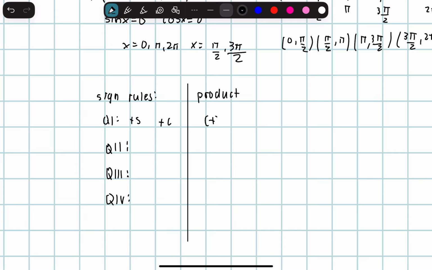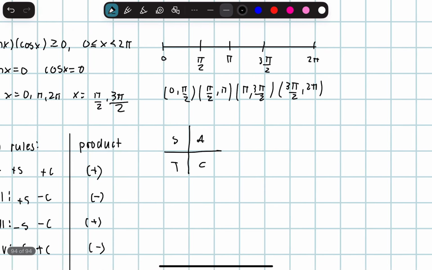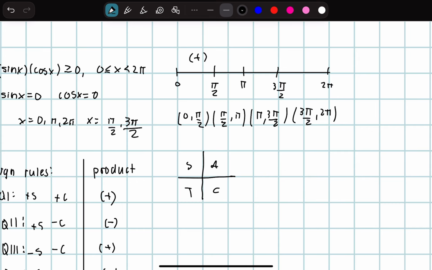Okay, so now instead of computing values, we can use the sign rules for sine and cosine. So we know that in Q1 we have positive sine and positive cosine. Therefore, the product, you can actually set this up as a neat table: Q2, Q3, and Q4. So the product would be positive. Then in Q2 we have positive sine and negative cosine, in Q3 negative sine and negative cosine, and in Q4 negative sine and positive cosine. The product is going to be negative, positive, and negative based on the positivity. And now we have this as our intervals: positive, negative, positive, and negative.